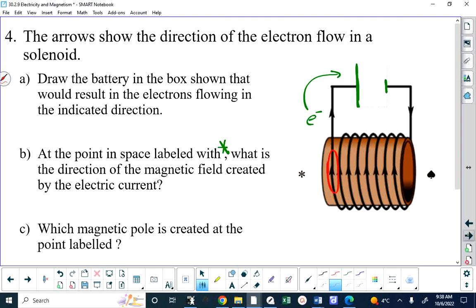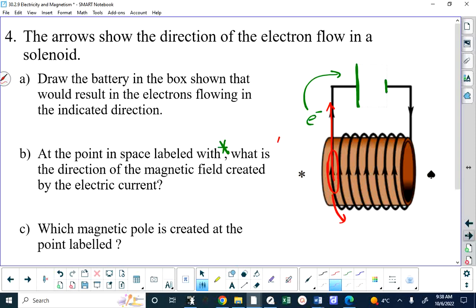We're going to grab that wire with our curly right hand with our thumb down, because our thumb has to be the direction of conventional current. And if the electrons are flowing towards the top of this wire, then conventional current in this location is in the opposite direction. And my fingers are going to poke into the left-hand side. If I grabbed it this way, my fingers would be coming out of the left-hand side.